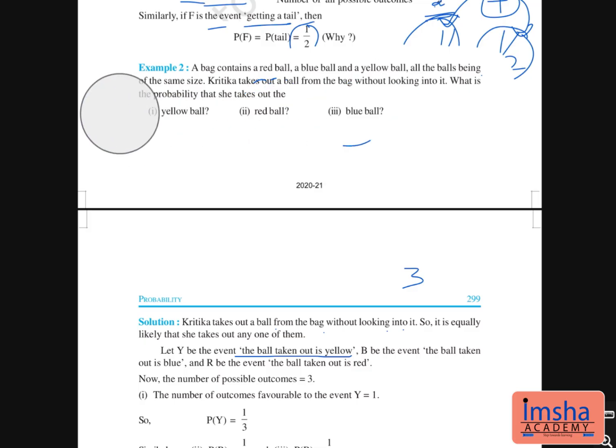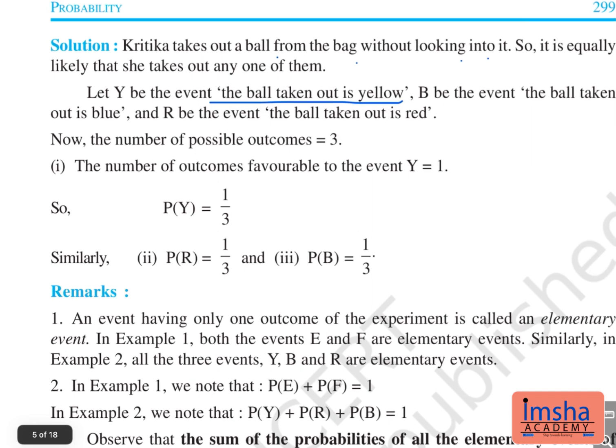So first we will solve for yellow. Let Y be the event that the ball taken out is yellow, B the event that it is blue, and R the event that it is red. The number of possible outcomes is 3, as I said: red, yellow, and blue. The number of outcomes favorable to the event yellow is 1, because there is only one yellow ball.